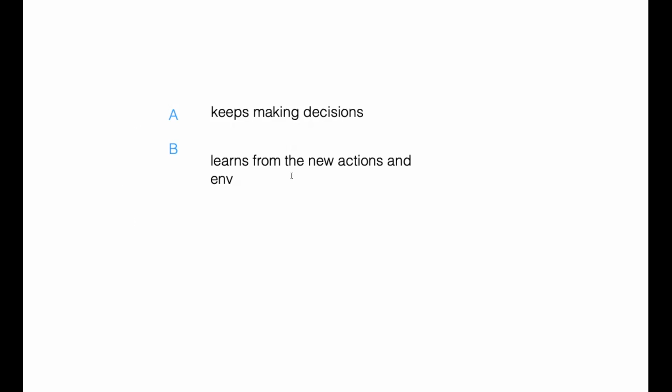After a certain amount of time, Mr. B has reached a point where it's not very influenced by the decisions that it made. So it's not very fluctuating, you can say.